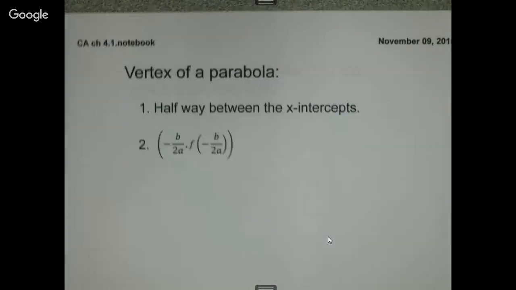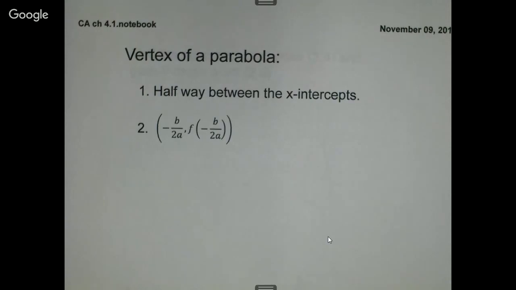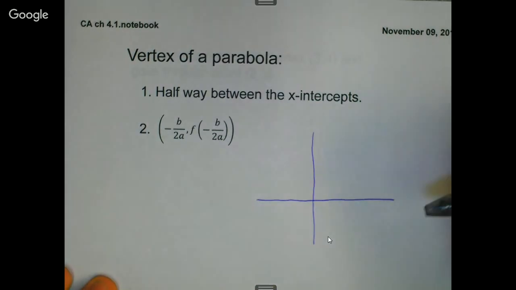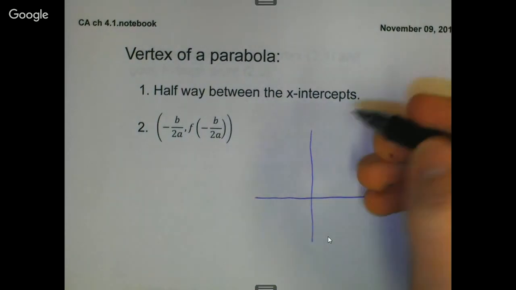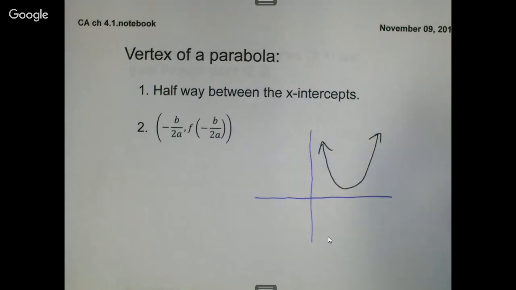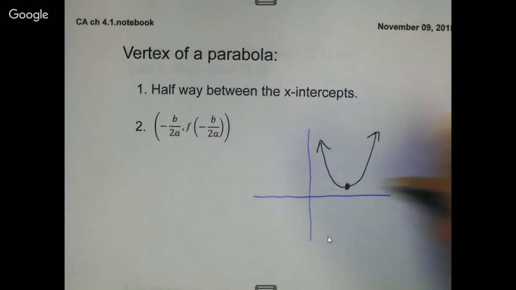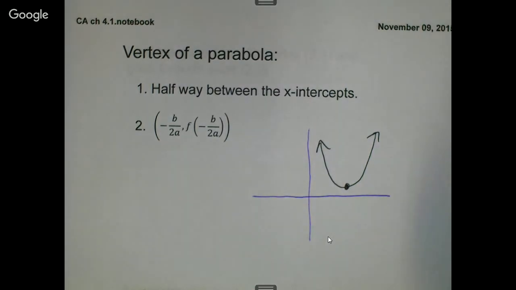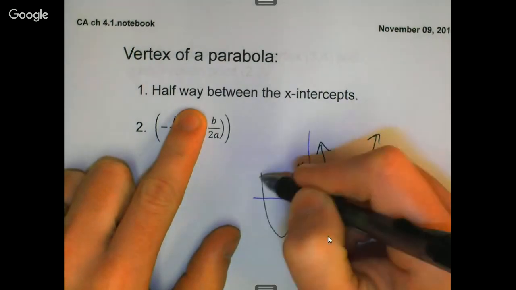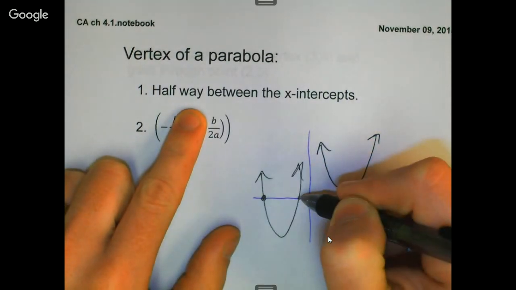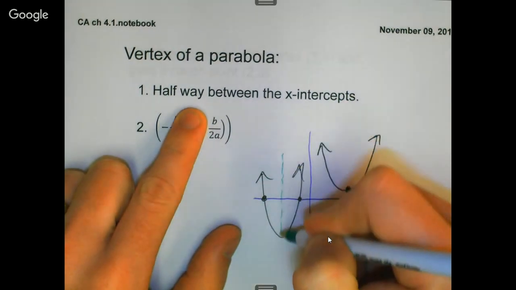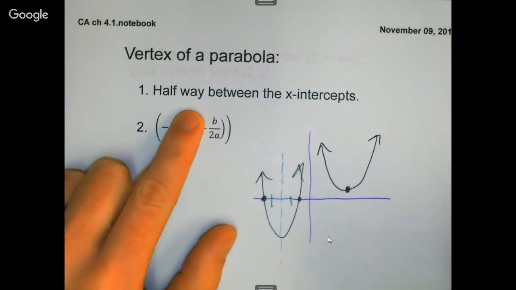Okay, so how to find the vertex of a parabola. We've talked about how to do this briefly. It was on your test just the other day. So remember, this vertex is this changing point right here. How can I find that? Well, if it crosses the x-axis, let's say it crosses here and here, the x of the vertex is halfway between those two.